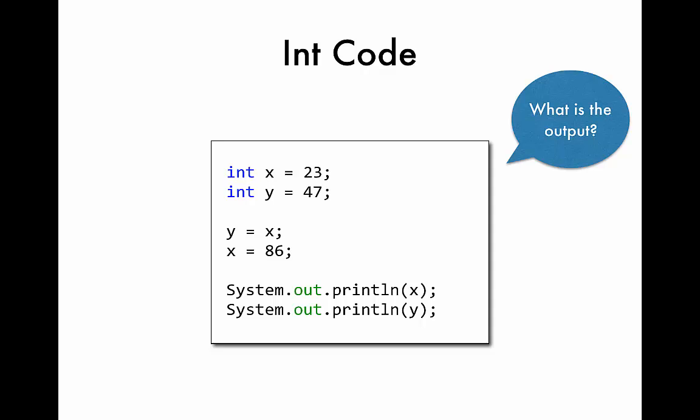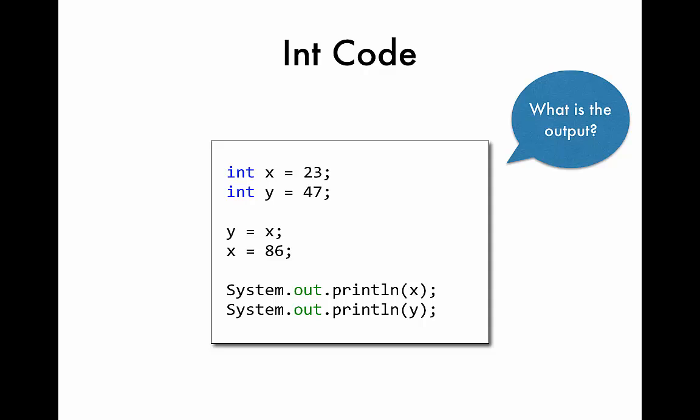In this code, we declare two int variables, x and y. X is initialized to 23, and y is initialized to 47. Then x is assigned to y, and 86 is assigned to x.